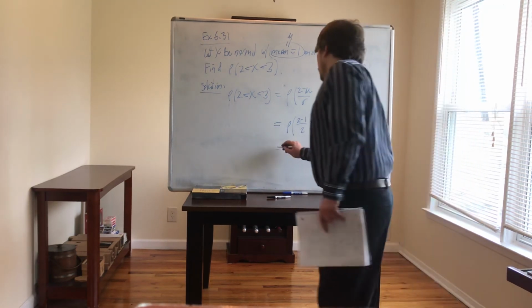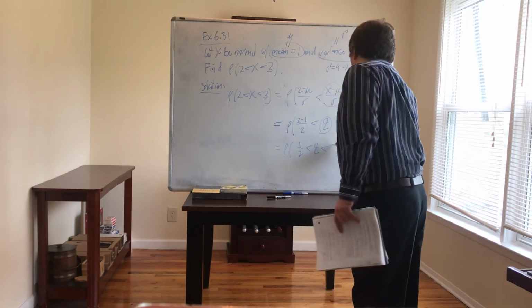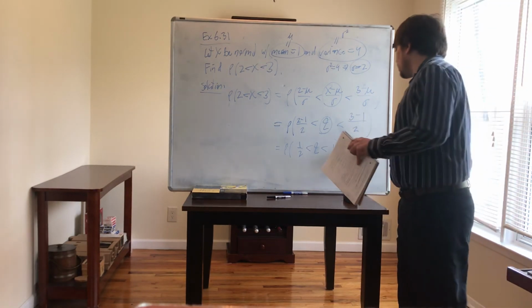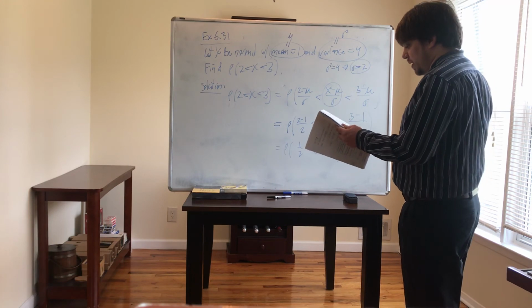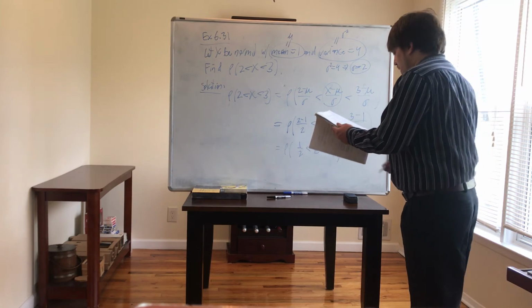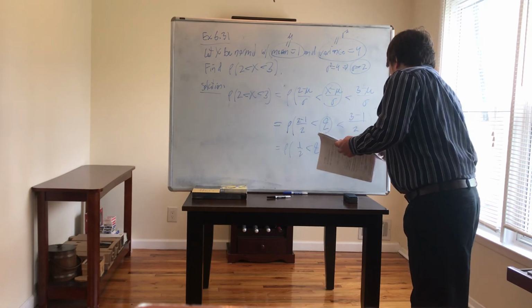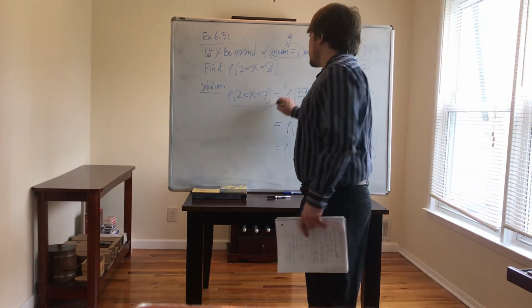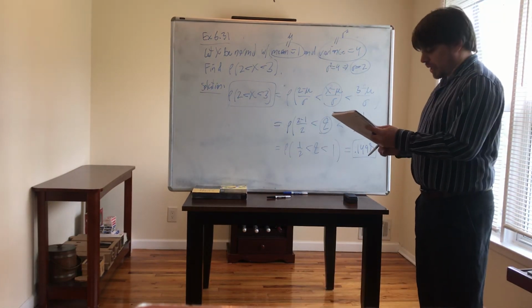And so that's equal to the probability that 1/2 is less than z, less than 1. And you can use the table in the book, table 3 in appendix C, to find that that probability is equal to 0.1498. Okay, and then that's the answer. So the probability that 2 is less than x less than 3 for this example is equal to 0.1498.